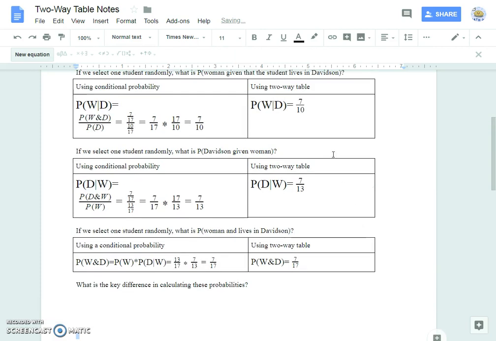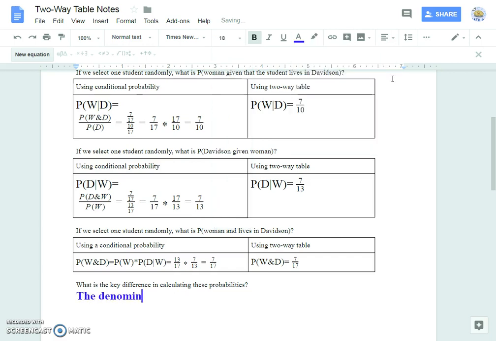If we look and compare these three problems, what's the key difference in calculating their probabilities? Our key difference here was those denominators. So this stands out.